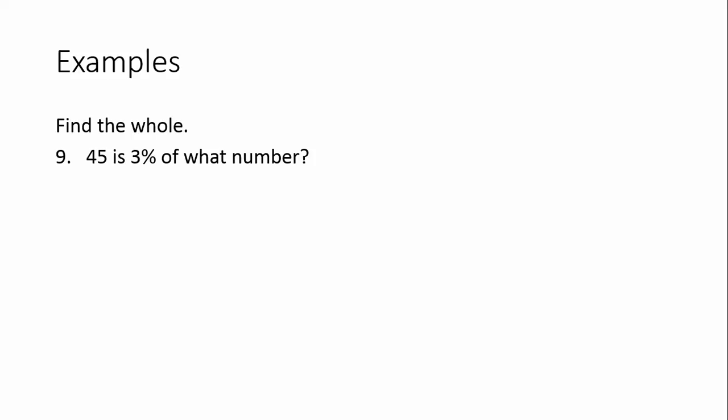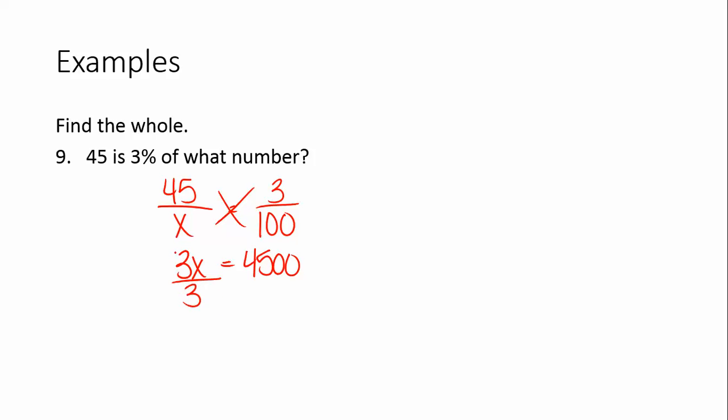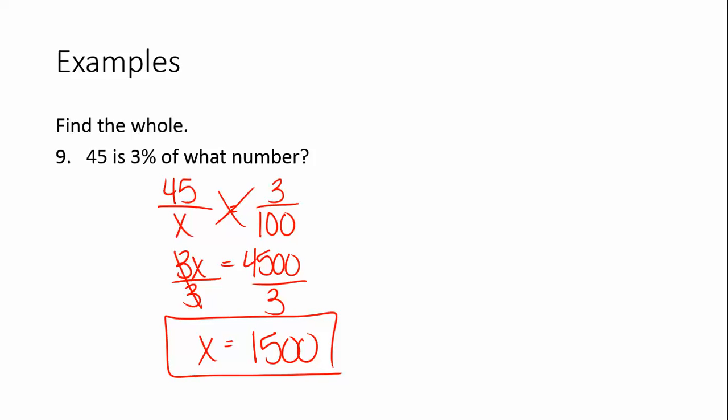And on the final example, we have 45 is 3% of what number? So 45 is our part, we don't know the whole. 3 is the percentage, and it's out of 100. So we're going to cross multiply. 3x equals 4,500. Divide both sides by 3. 4,500 divided by 3 is 1,500. So that means that 45 is 3% of 1,500.